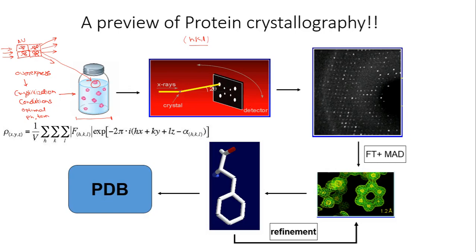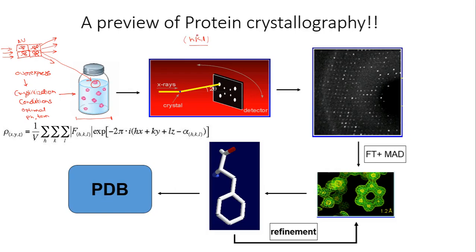Moreover, we don't keep this crystal static. We rotate this crystal when we mount it on the crystallography machine. So the diffraction pattern that you get is three-dimensional, and the spots that you obtain are usually represented by HKL. This is how you describe each and every spot in terms of their HKL value.